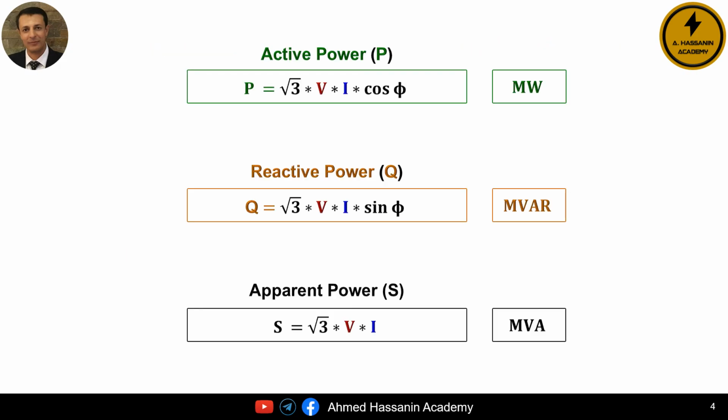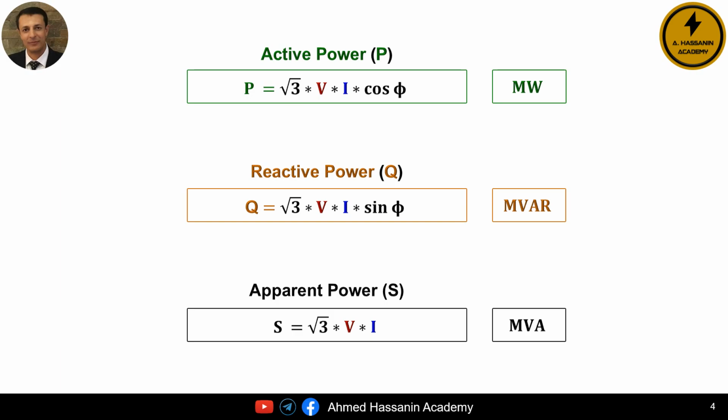We have previously discussed and mentioned that electrical power consists of three types of power, which are: first, active power, whose unit is watt, kilowatt, or megawatt. This is the power that is actually consumed or used, such as thermal energy in water heaters, mechanical energy in motors, or light energy in lamps and lighting fixtures, and so on. The second type of power is reactive power, whose unit is VAR, kilovar, or megavar.